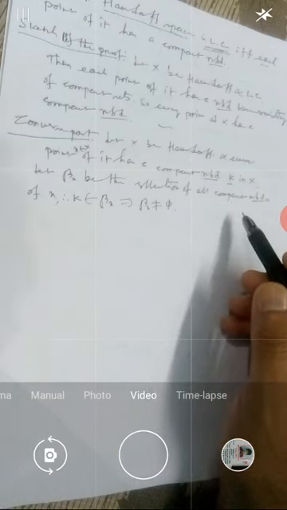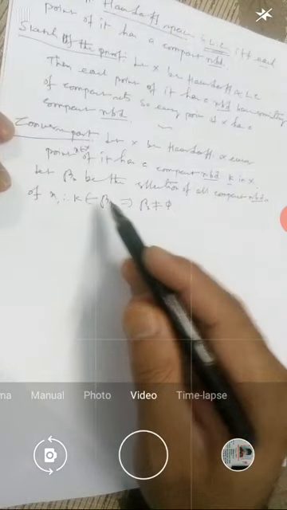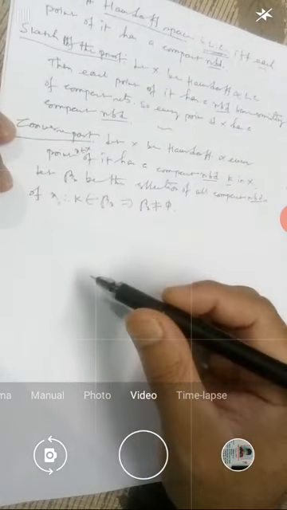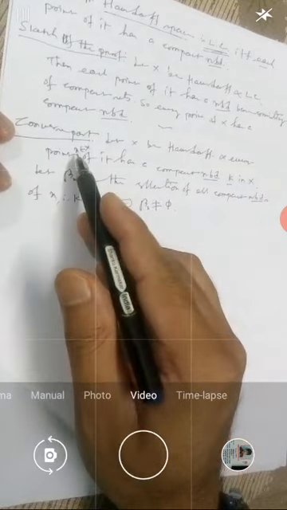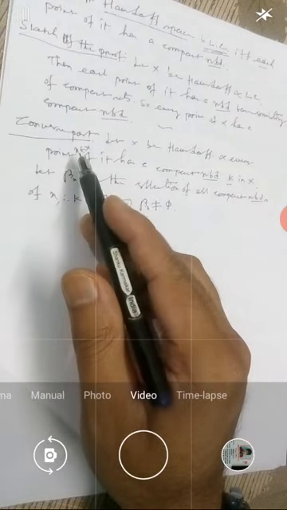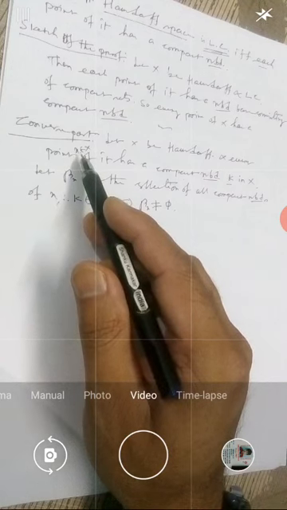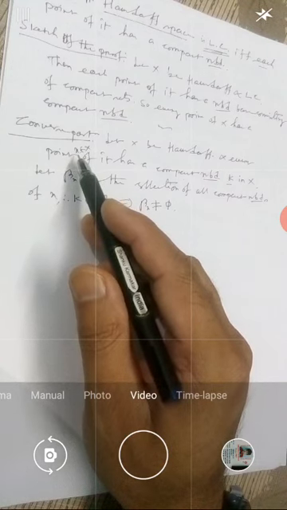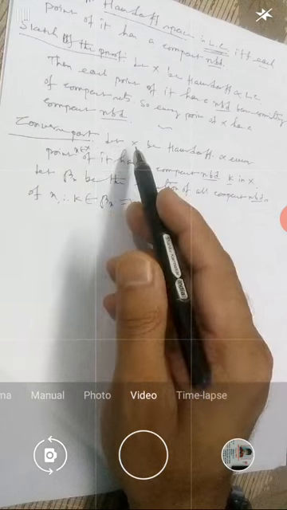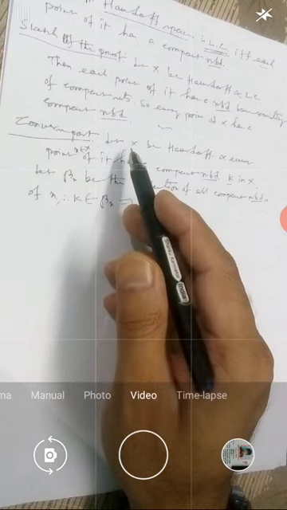So it remains to show that beta x is a neighborhood base at x. We need to show there exists a neighborhood base at x whose members are compact sets in order to show the space X is locally compact, by definition.